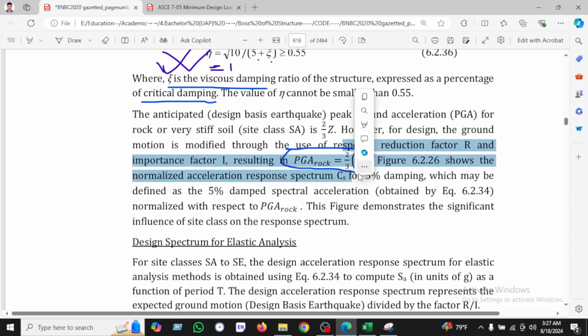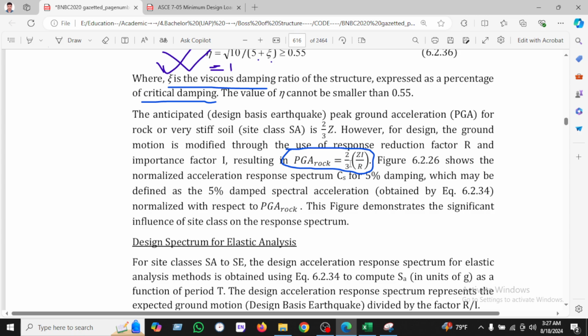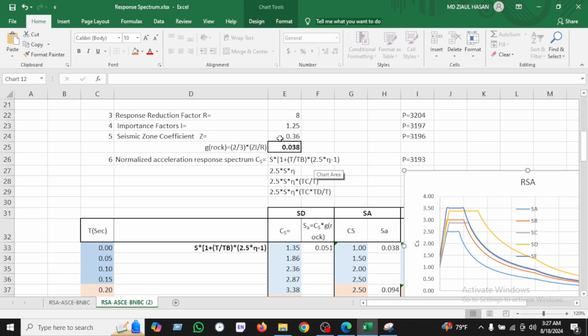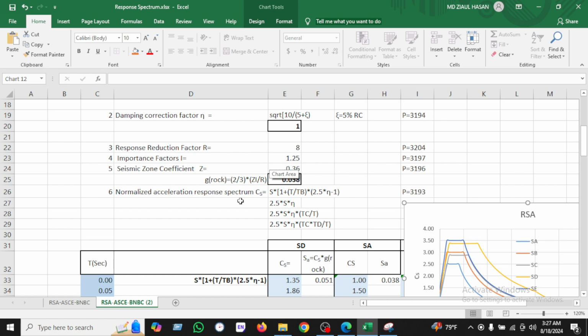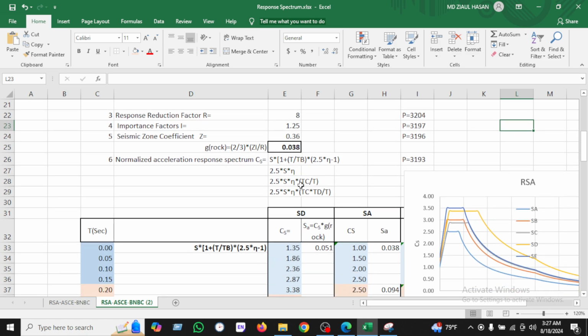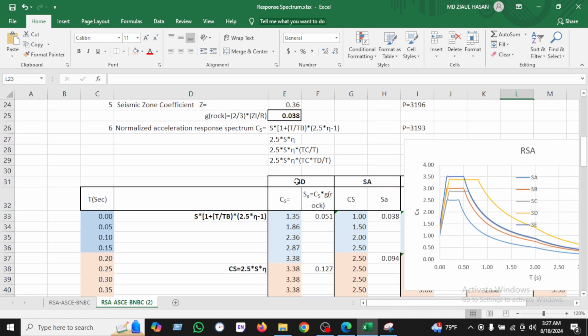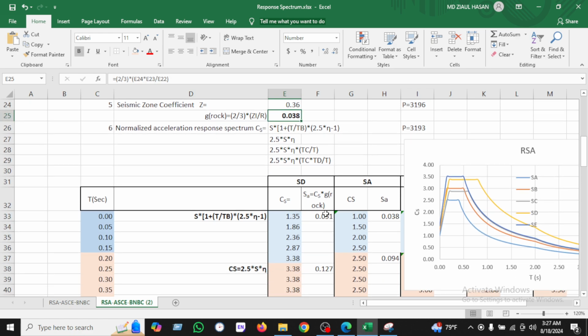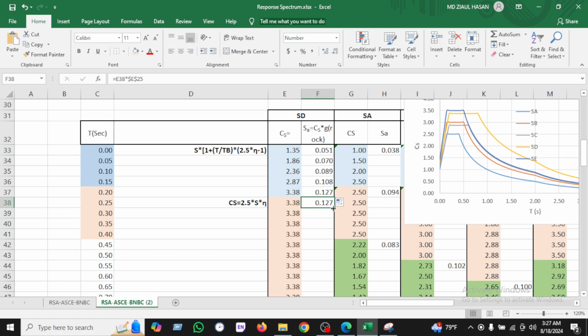Here it is 2/3 into Z by R. If we find this value and multiply with this, then we find SA. We already calculated the PGA rock, which is 2/3 Z by R. Here is the value. So if we multiply CS into this value, then we will get the SA value.